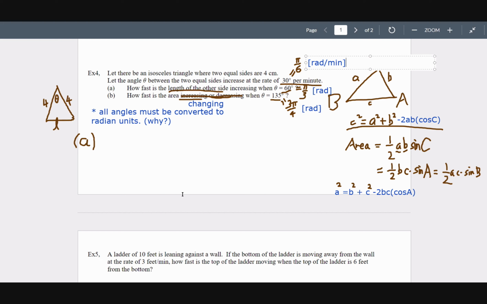So we must find any relation between L and theta. Now this is hard because I cannot type L and theta, so let me say L and theta.